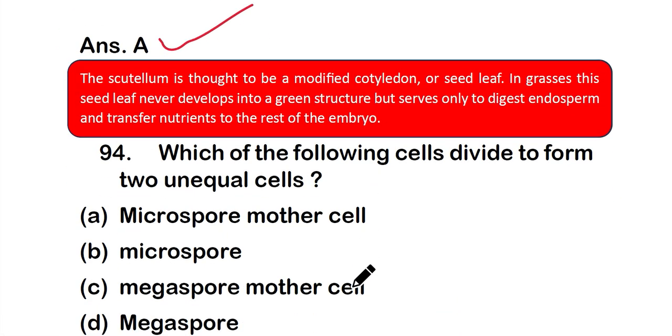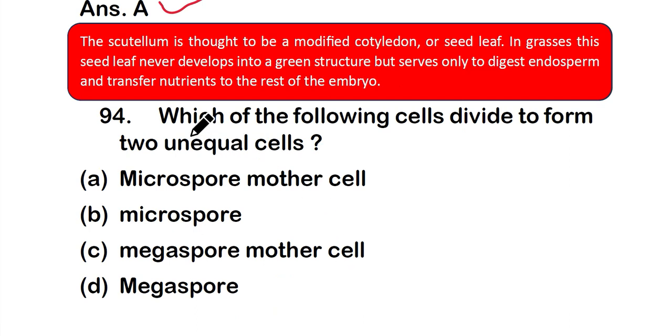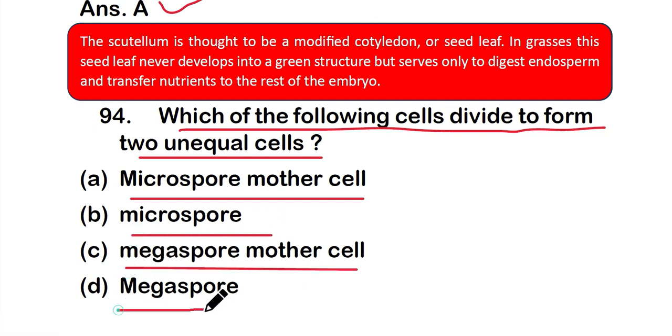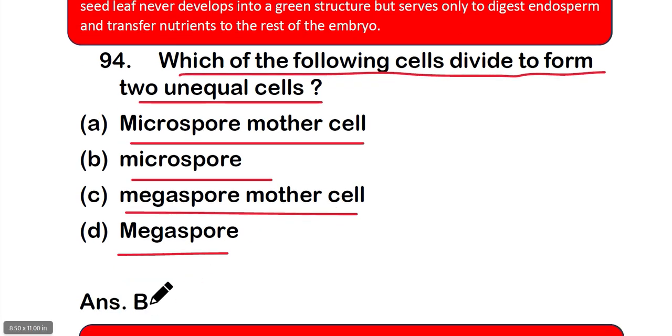Okay. Next one is question number 94, that is which of the following cells divide to form two unequal cells, and the options are option A, microspore mother cell, option B, microspore, option C, megaspore mother cell, or option D, megaspore. And the right one is option B, that is microspore.